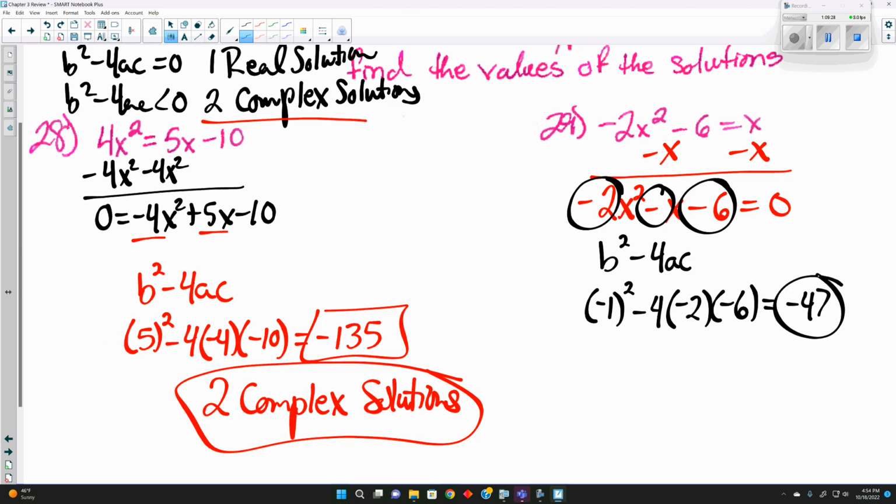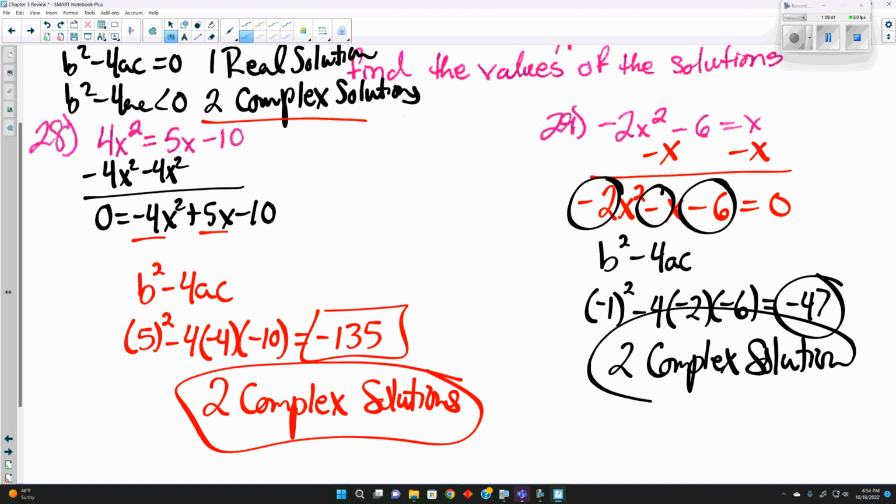So there's the value of our discriminant. Since it's less than 0, we have two complex solutions. And that'd be our answer.